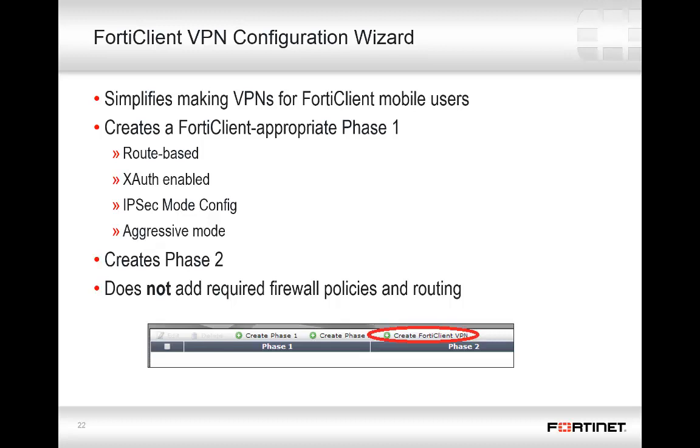The wizard creates both phase 1 and phase 2. It's interface-based and uses aggressive mode, XAuth, and mode config. Note, though, that the wizard doesn't apply it to a firewall policy. It doesn't add a static route either, so remember to do that after using the wizard.